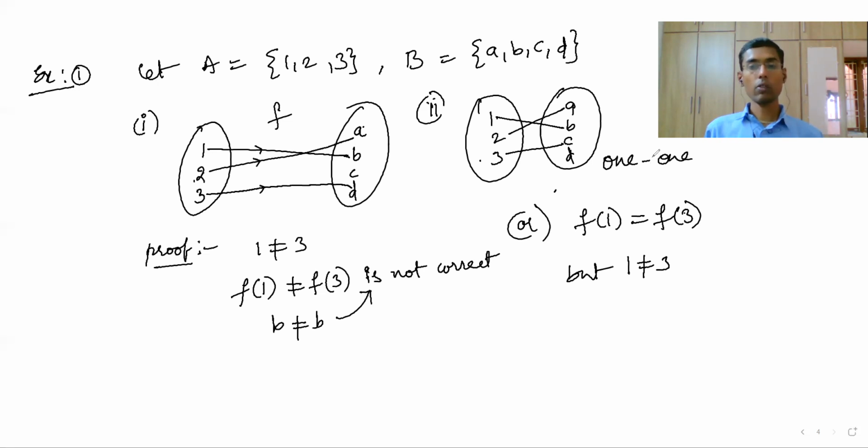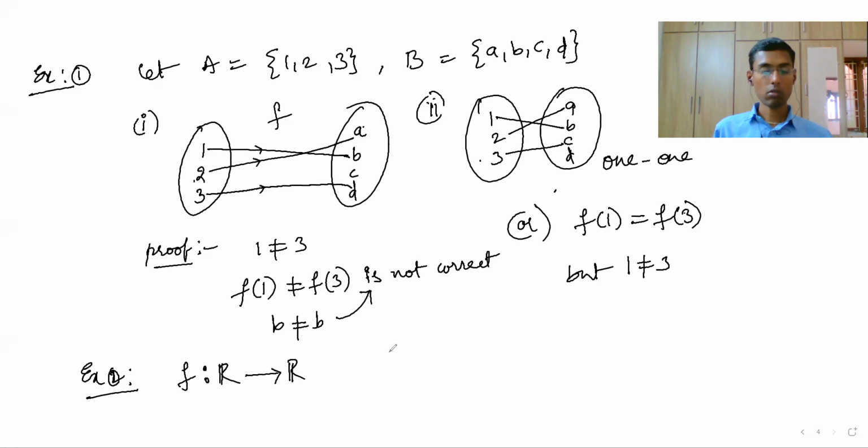Okay, this is what we gave as examples for finite functions. We will go for an infinite example. f is a function from real numbers to real numbers, defined as f of x equal to 2x plus 3, is a 1-1 function.